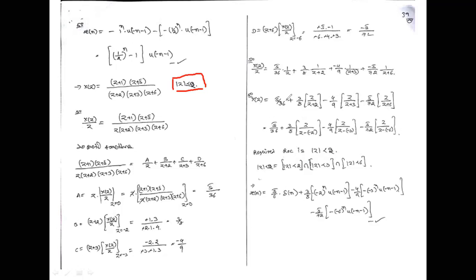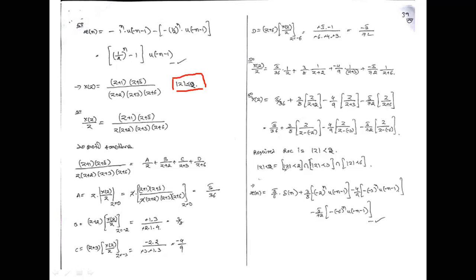But here, for the first function, there is no term of z by z plus a. Z by z minus a is there only, a function of a power n u of minus n minus 1. So I convert this as z of minus 2, z of minus 3, z of minus 6.